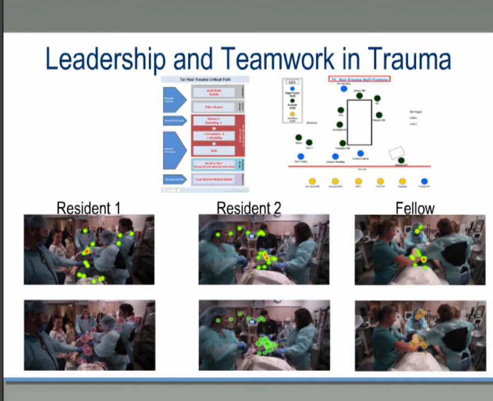And even though we're engaged with educating every member of the team, the top with the leadership and the teamwork and teaching those principles to our trainees really invigorated just the whole perception of working with trauma patients.